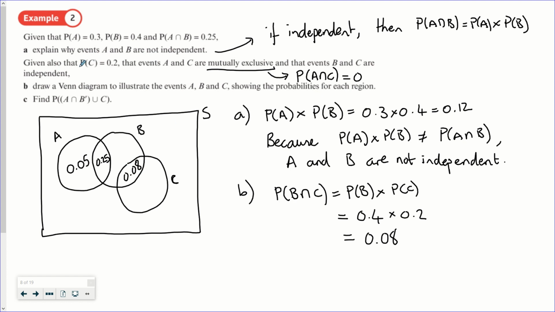And similarly, the probability of C is 0.2, so we know that the probabilities within the C circle add up to 0.2. So the probability of this region must be 0.12. And again, we know that the probabilities within the B circle add up to 0.4. So we can do 0.4, take away 0.08, take away 0.25 to work out this probability as 0.07.